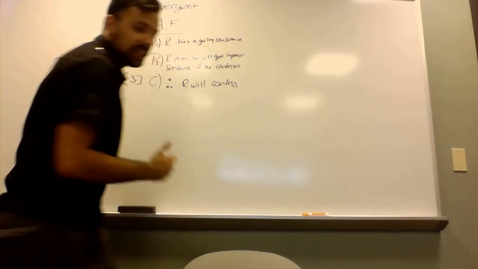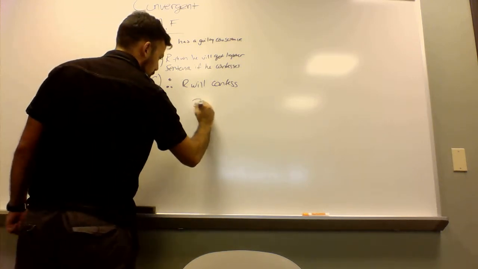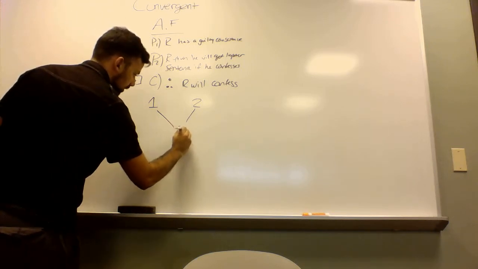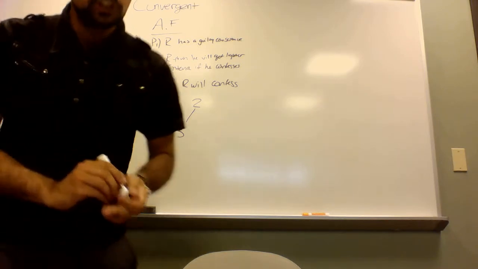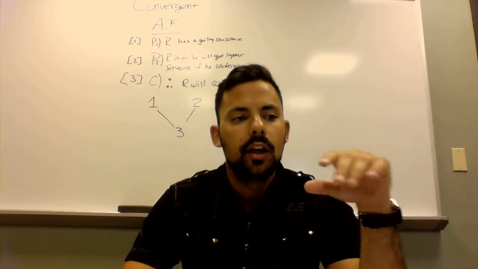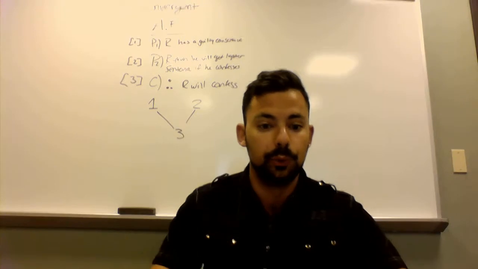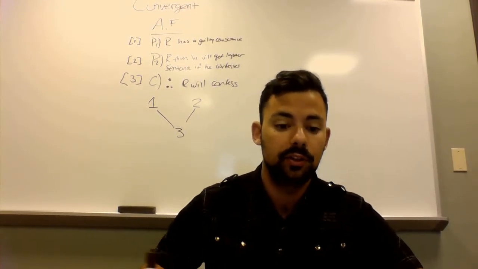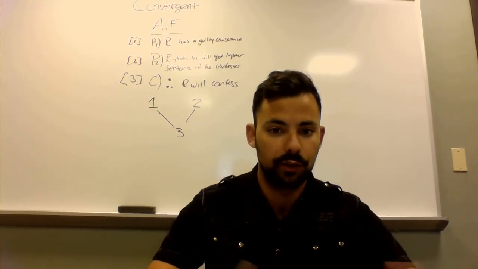Because they work independently of one another, you have 1 right here, you have 2 over here, and they converge, they come together to support 3 independently, right? So when you're looking at an argument and you're trying to see how these premises are working, think of whether you can come up with the conclusion that these 2 propositions are supporting independently.